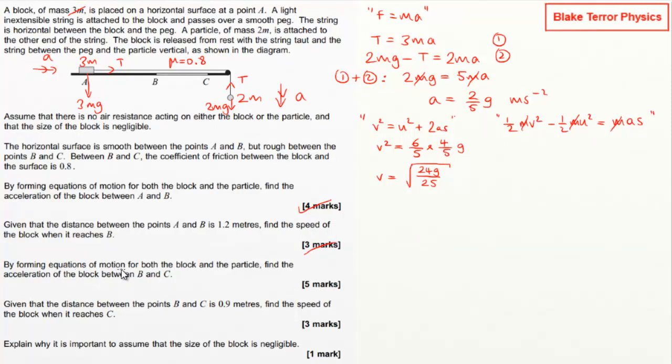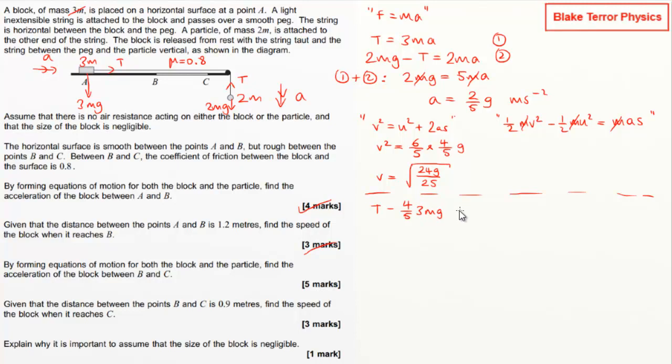By forming equations of motion for both the block and the particle, find the acceleration of the block between B and C, right? So we're just repeating part one here, but we're chucking in friction as well. So let's just section off a little bit. I'm hoping I'm going to squeeze all these in. We've now got that T minus the friction, so that's minus mu R. So mu is 4 over 5 and R is 3mg.